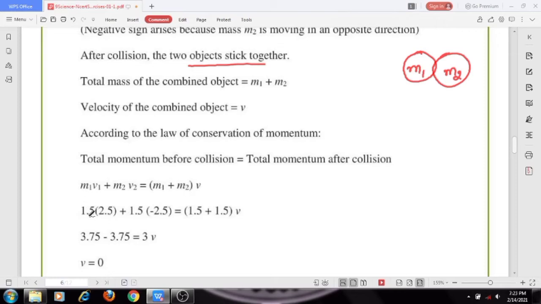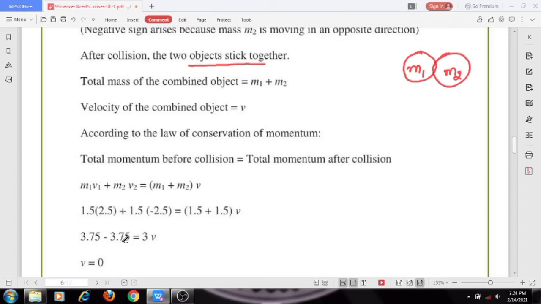So now what is m1? 1.5. What is v1? It is 2.5. That is the mass of the first object and the velocity of m1, plus m2, which is the same mass, 1.5, into v2, that is the velocity of the second object, right? How much? It is 2.5, but it is moving in the opposite direction, so it is minus 2.5, equal to m1 1.5 plus m2 also 1.5 into v.